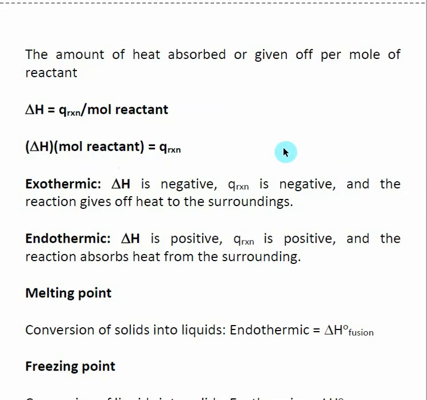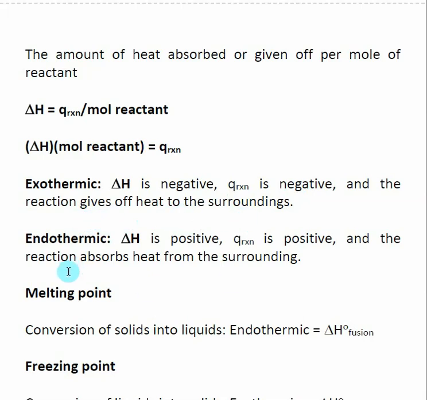Just like reactions, phase changes can be endothermic or exothermic, and we'll be taking a look at that. A lot of this is kind of intuitive. You should be able to figure this out. But remember, by definition, exothermic means delta H is a negative number, and this is going to mean that Q reaction is also going to be negative. Overall, this means that the phase change is going to be giving off heat to the surroundings.